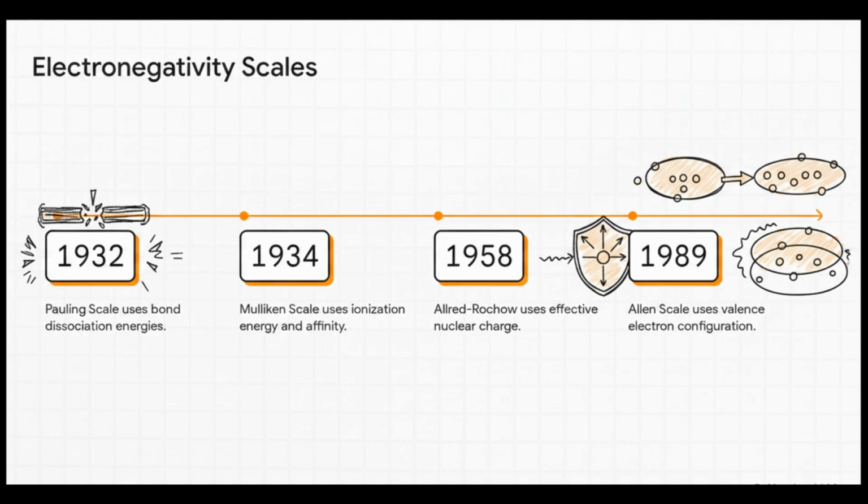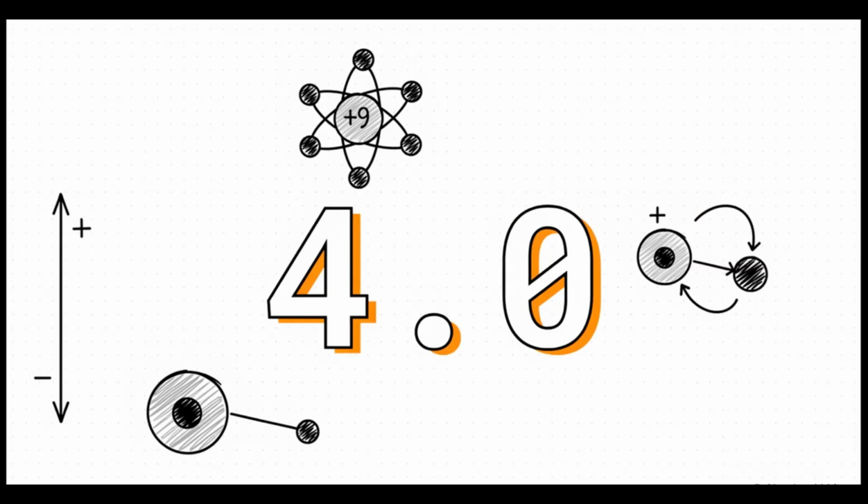In 1934, Robert Mulliken used the average of an atom's ionization energy and electron affinity. Fast forward to 1958, Allred and Rochow used electrostatic force and effective nuclear charge. And then in 1989, the Allen scale used the configuration energies of valence shell electrons. But you know what? Despite all these different clever methods, the scientific community largely standardizes around Pauling's original framework.